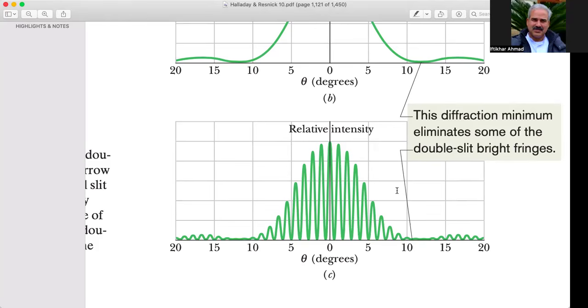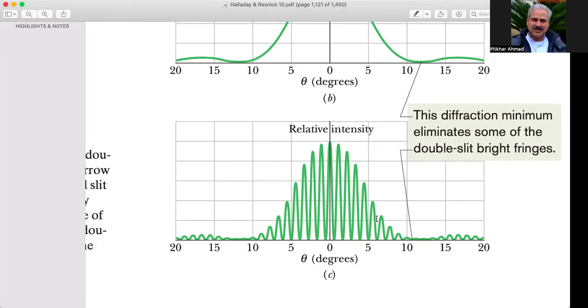Here we see a very beautiful pattern where the diffraction pattern is superimposed by interference. So this is the basic concept.